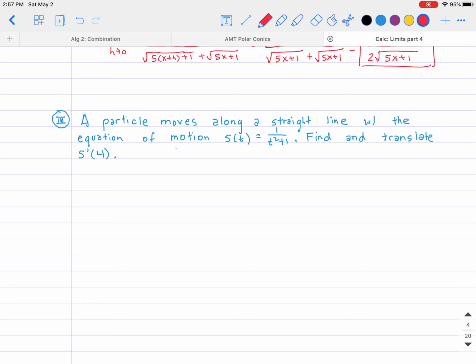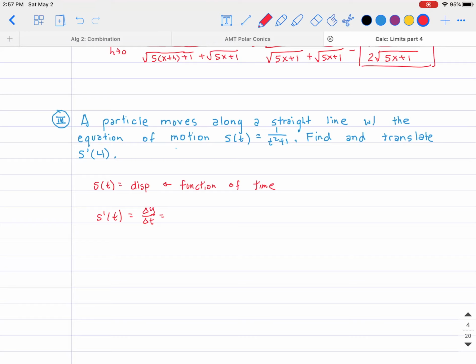In this case, remember that s of t represents the particle movement, so it's a displacement equation. So let me kind of just write that out. So s of t is equal to displacement, okay? And that one is a function of time. So if I take the derivative, right, if I solve for s prime of t, what is the slope? Well, the slope is supposed to be, again, the change of y divided by the change of t.